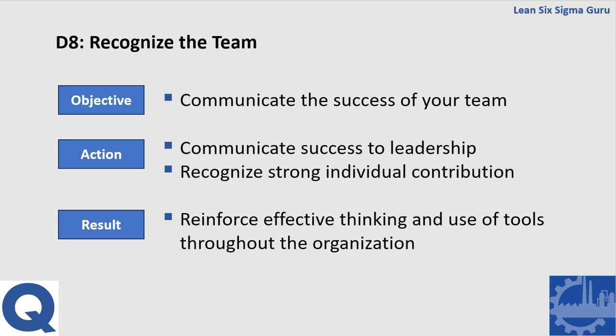We also need to recognize strong individual contributions to where specific individuals have done very good things and need to be recognized for it. The end result of all this is to reinforce effective thinking and the use of tools throughout the organization. If we don't recognize that team, we really run a risk of that strong action, that strong activity not being recognized, and the organization not supporting it in the future.